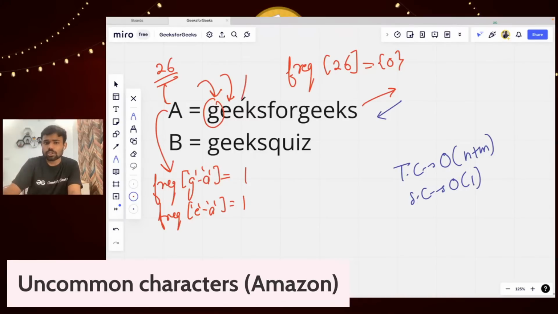Similarly, we can increase the frequency, or just make it 1. We can also make it 0 or 1 only. We can take a Boolean array, because we just want to know whether a character is present or not present. We don't want the frequency of a character.